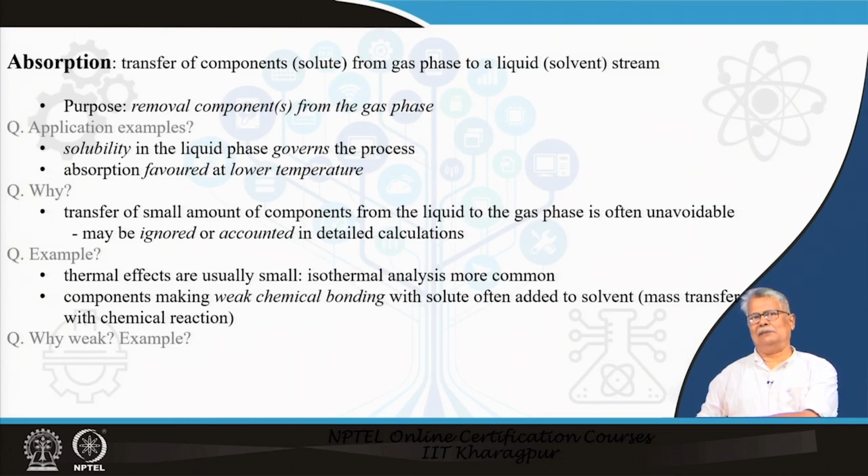But at the same time, since it is quite possible that the feed gas will not be saturated with water, some amount of water will also go to the gas phase and go out. So this is an example where there is a two-way transfer. We may ignore it and make a simplified calculation, or account for it in detail if we really want a very rigorous design. In most of the cases, it is not required, particularly for known systems.